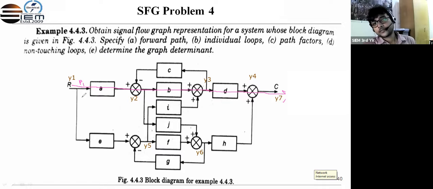Okay. Next forward path: Y1, Y2, then through this line, through J, through here, through here.